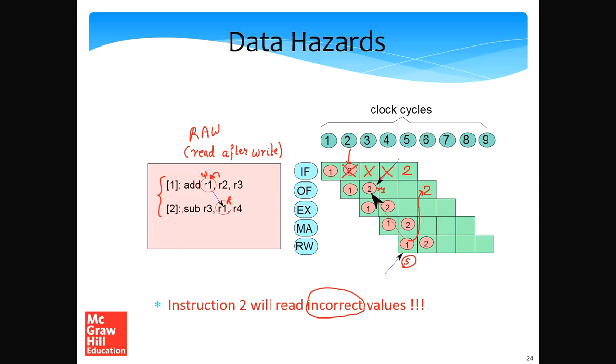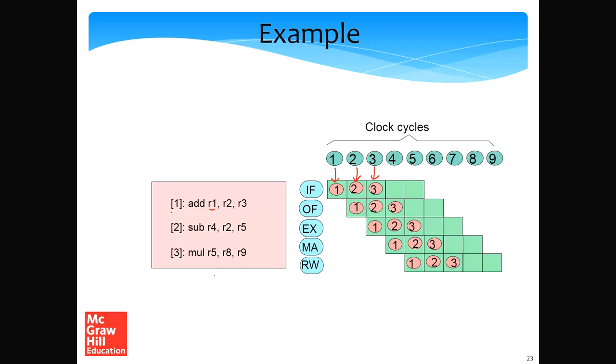Let me see, there's a cleaner version of the pipeline diagram. In this case, instruction 1 is the earlier, preceding instruction, and instruction 3 is a succeeding, or later, instruction. What we see in our pipeline diagram is that at all points of time, let's consider cycle 5, the earlier instruction is at a later stage.